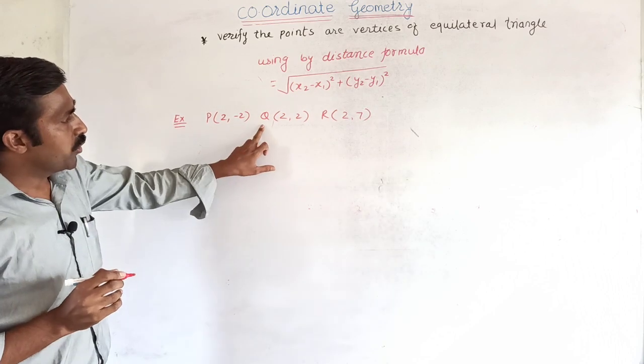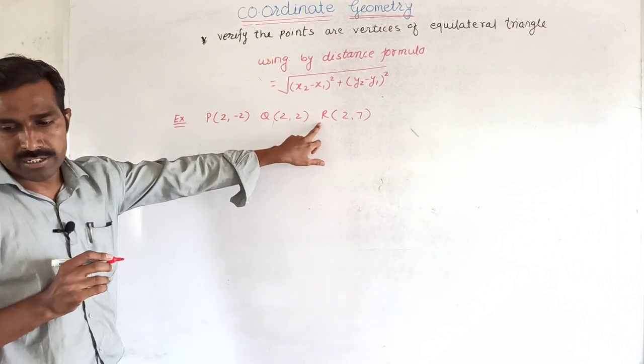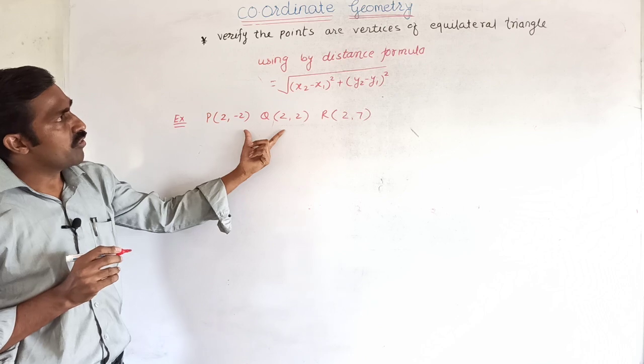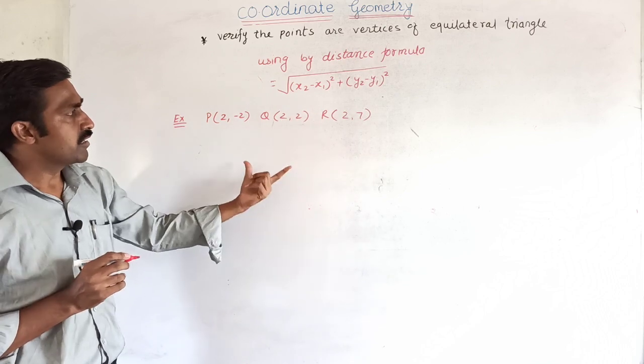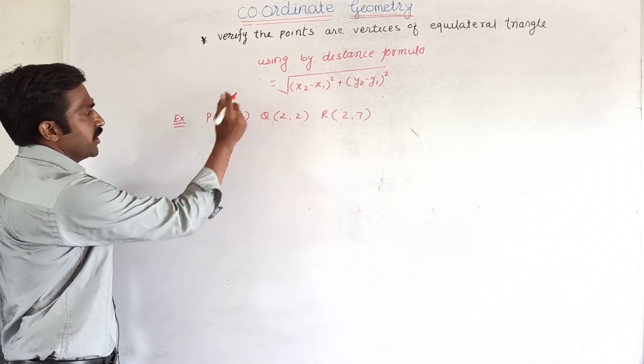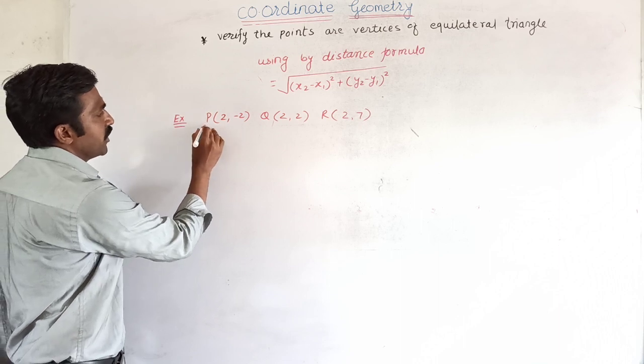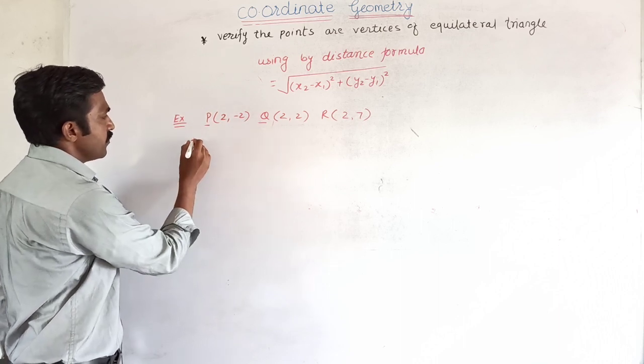Points P, Q and R are the vertices of an equilateral triangle. So verify using the distance formula. So firstly find out the distance of PQ.